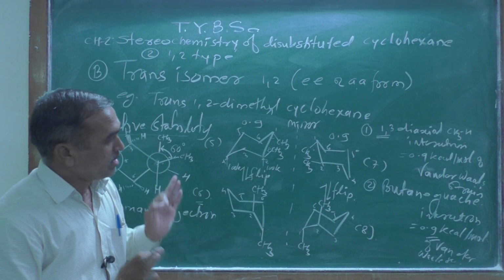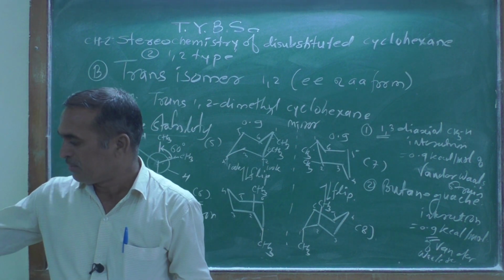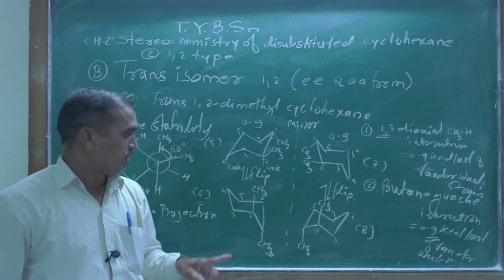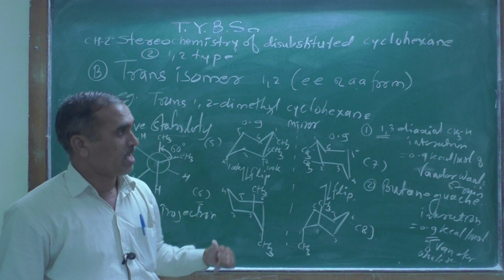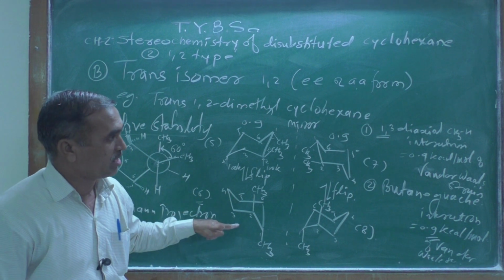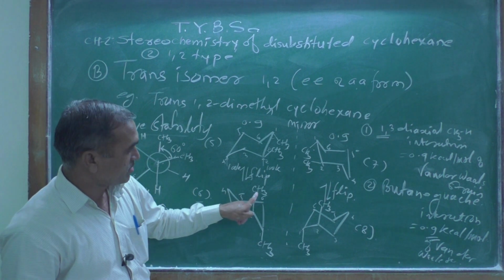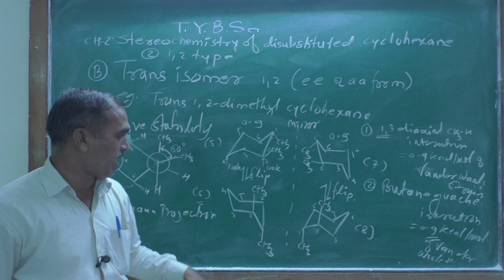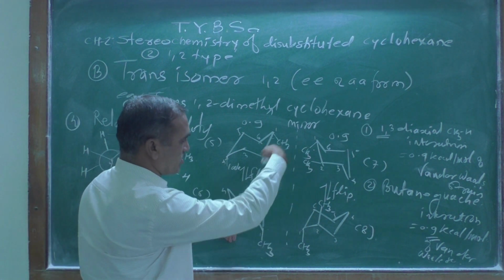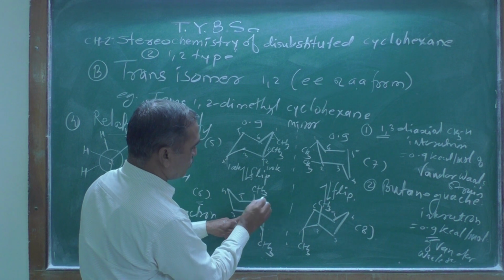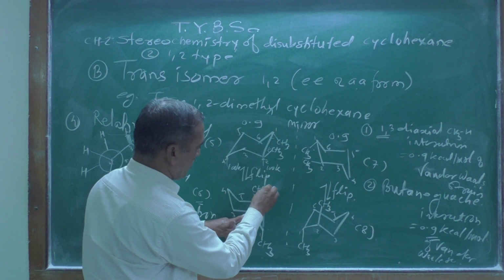Understood that one? Now look at here, see the model, how many 1,3 diaxial interactions are present over here? Look at here, this is a methyl group which is present at the axial position. Here, on the right hand side, 1 2 3, there is one hydrogen atom, right?